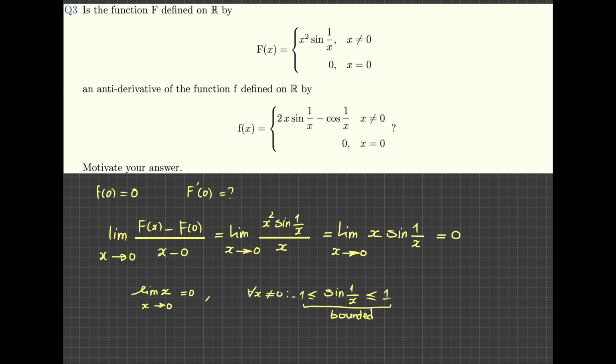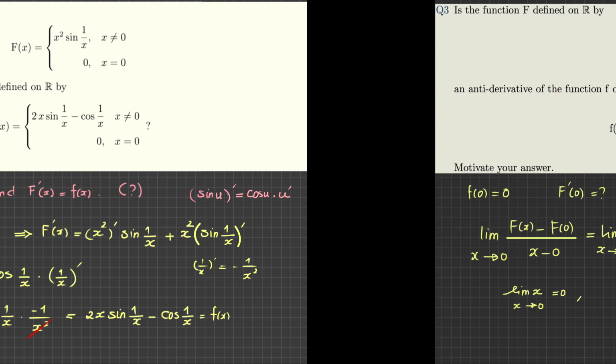So now that this limit exists and is equal to 0, I can conclude that capital F prime at 0 is 0. On the other hand, we know that little f of 0 is also 0. So I can conclude that F prime of 0 is equal to f of 0. So what I showed is that the derivative of capital F at 0 is equal to little f of 0.